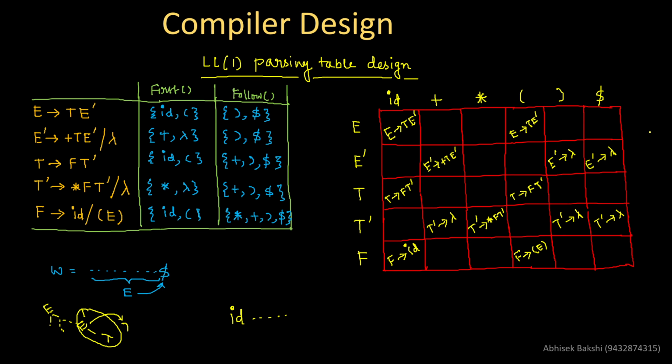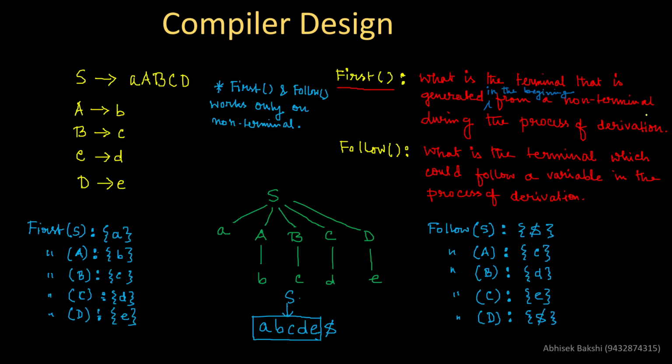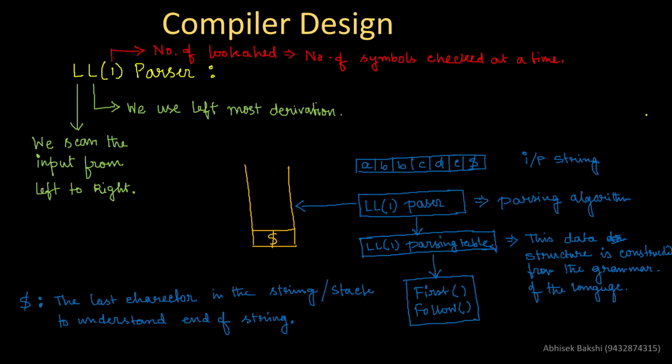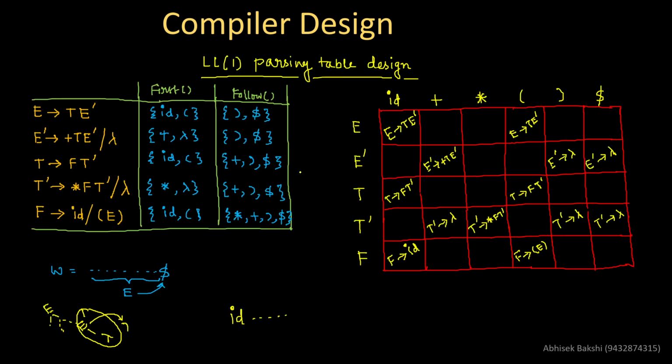To do this, we have to take a simple example, and we have to see how we can do that using the stack that you have already seen in the previous class. The LL1 parser uses a stack and also the parsing table. So we have designed this parsing table, and suppose we have a stack in our hand. Now we have to see how, using this stack, we can design the LL1 parser.